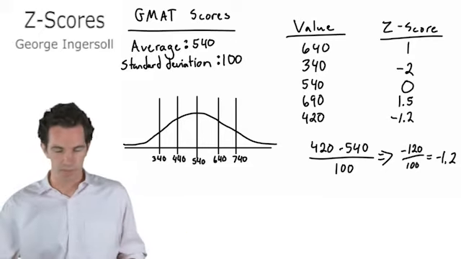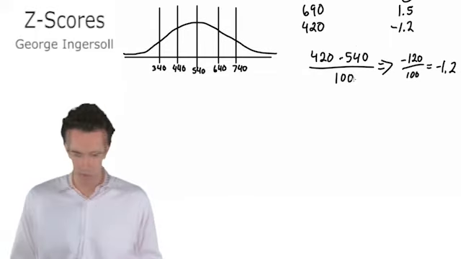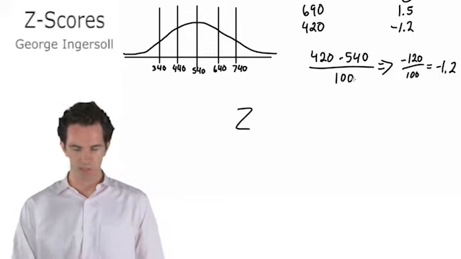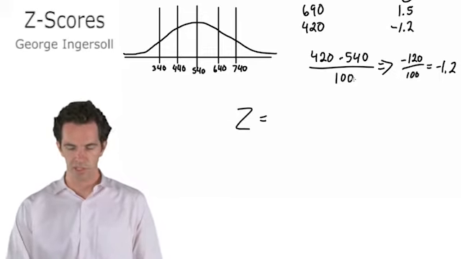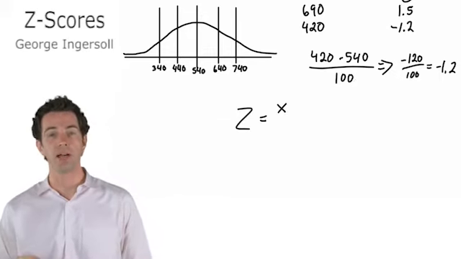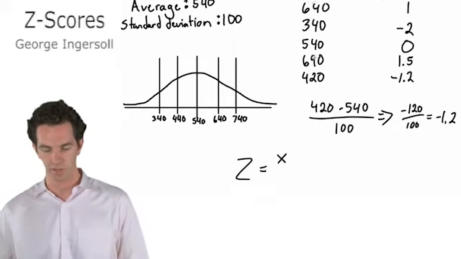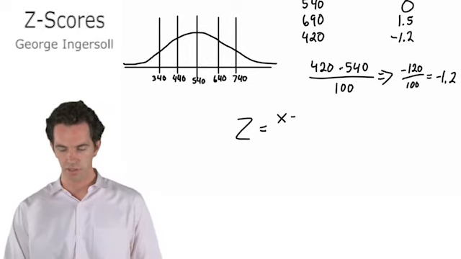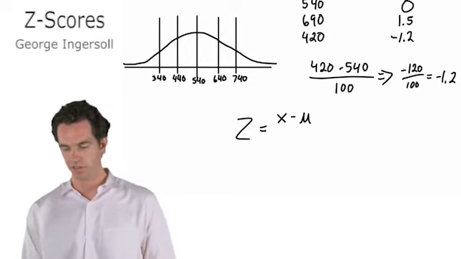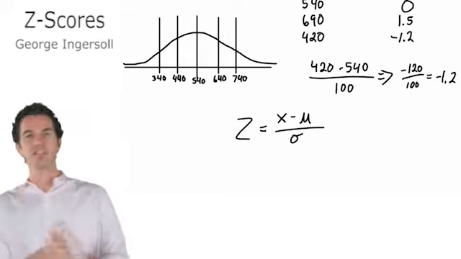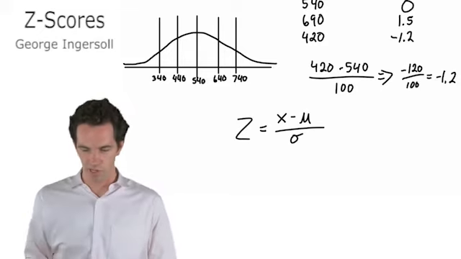And in fact, this is our equation for finding a z-score. It is z equals (x minus the mean) divided by the standard deviation, where x is the value we're looking at, all the way down this column here. This is a super important equation.